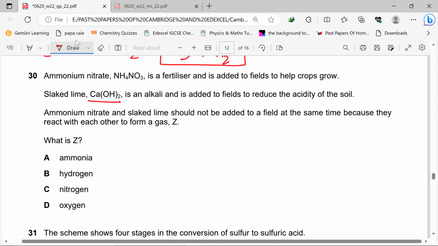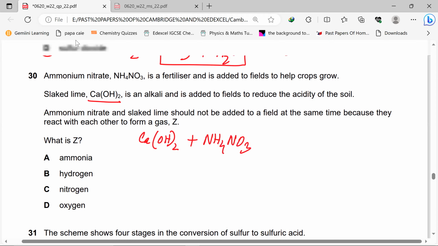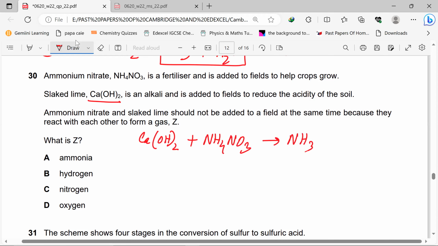Calcium hydroxide plus ammonium nitrate react to form ammonia, water, and calcium nitrate. Since ammonia is produced, which is an alkali, they should not be added together. So the gas formed is A, ammonia.